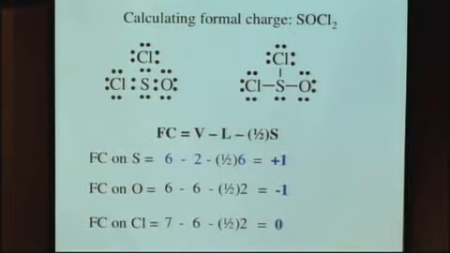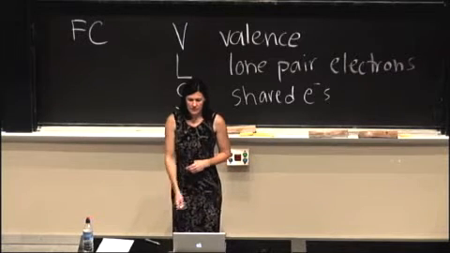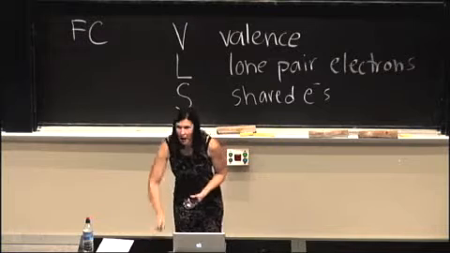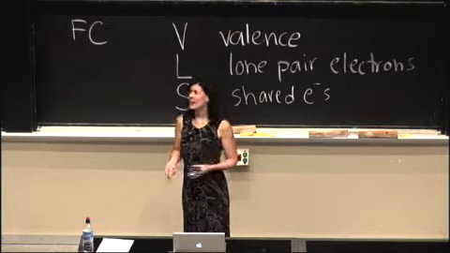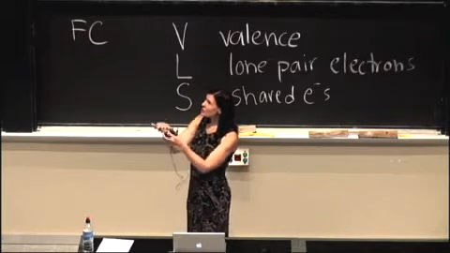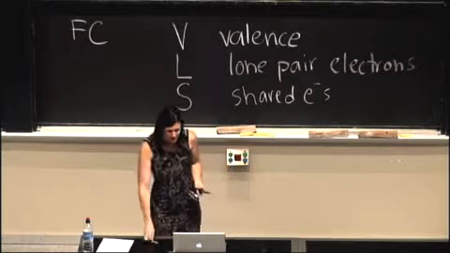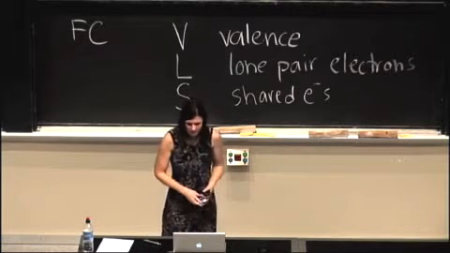And if we talk about chlorine, and both of the chlorines are the same in this case, we start with a valence number of 7 for chlorine, and then we subtract 6 because it has 6 lone pair electrons around each of the chlorine atoms, then minus 1/2 of 2 because we only have 1 bond, or 2 electrons in a bond. So again, we should be able to check all of our formal charges and make sure they add up to 0, which they do, and that makes sense because we have a neutral molecule of thionyl chloride.